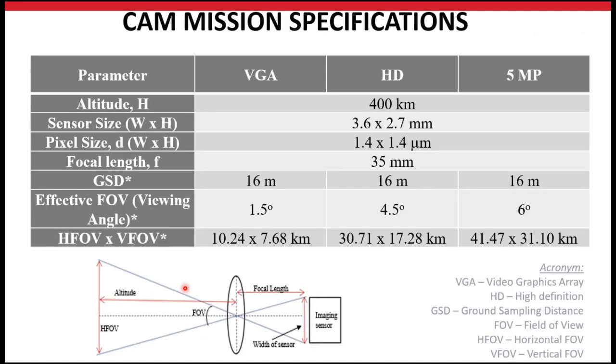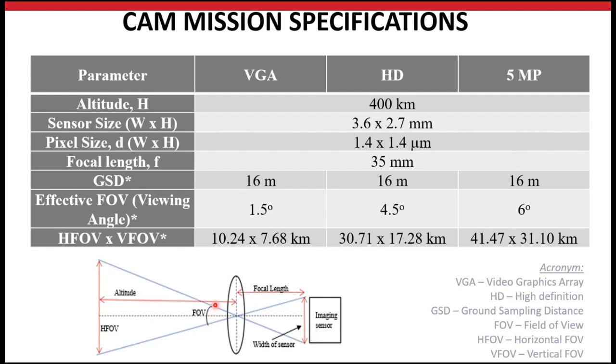And this slide shows an example of how you show the mission specification. So this is just an example. This is the theory that you have to look into in order to design the imaging system, the camera, the lens. So you need to look into the focal length, all right, and the width of the sensor, usually in mm.